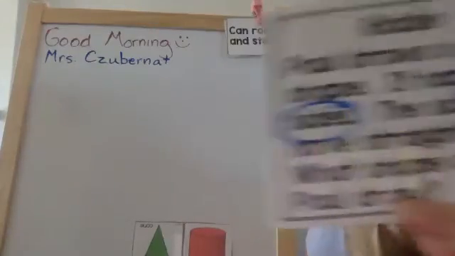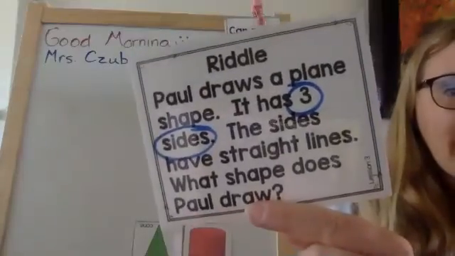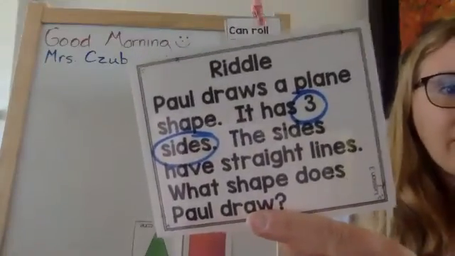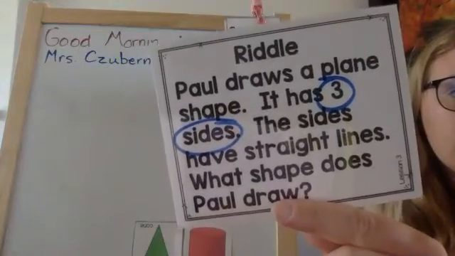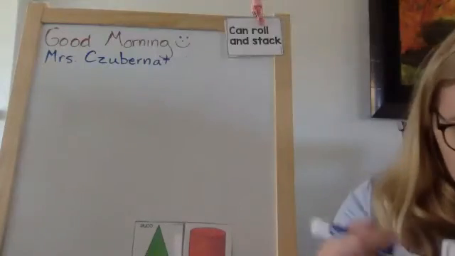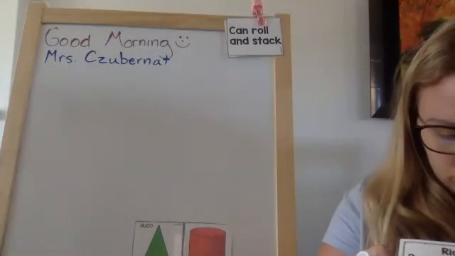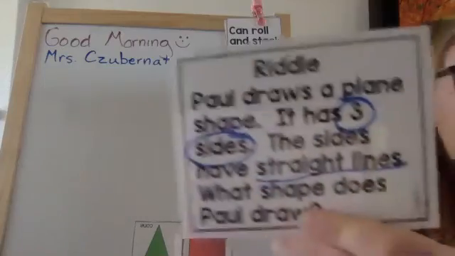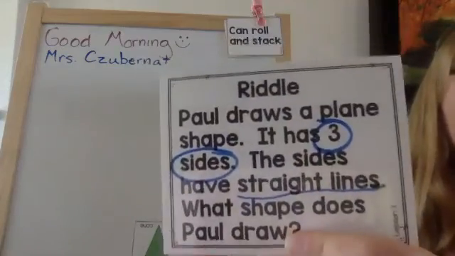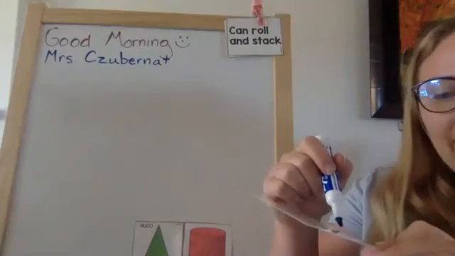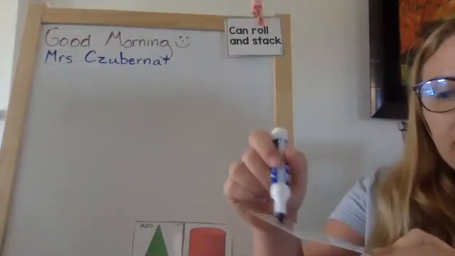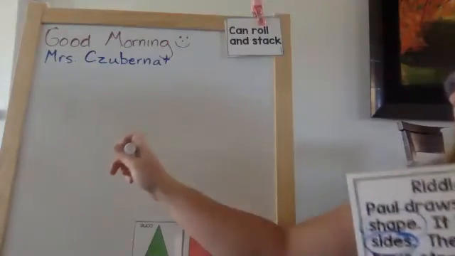Do you see any other clues? The sides have straight lines. Oh, I know what it is. And there's one more clue. It's a plane shape. Not like an airplane. It's a triangle.